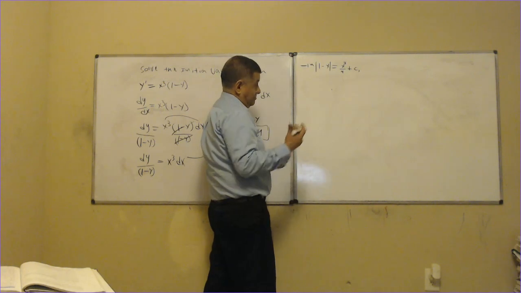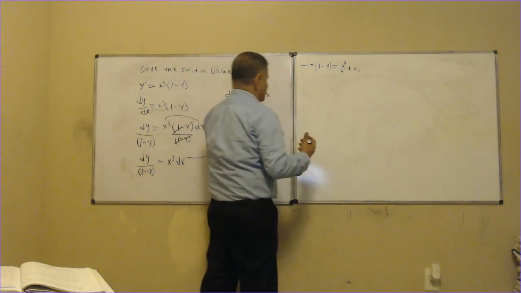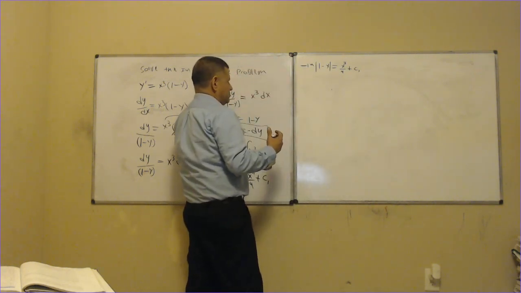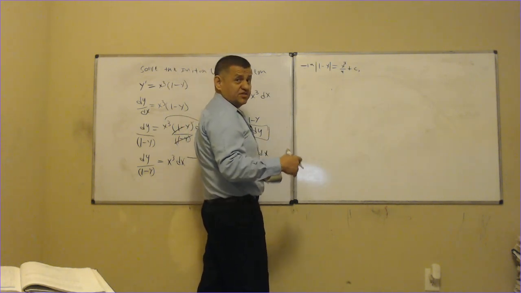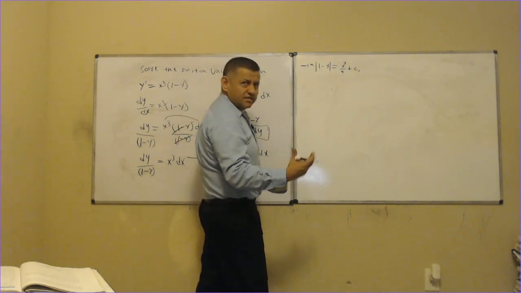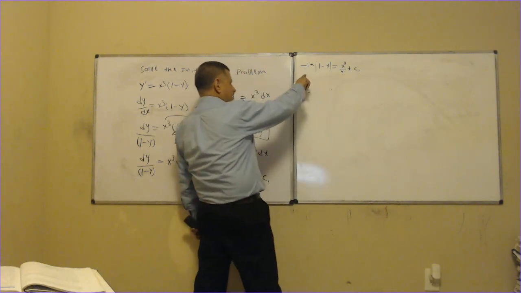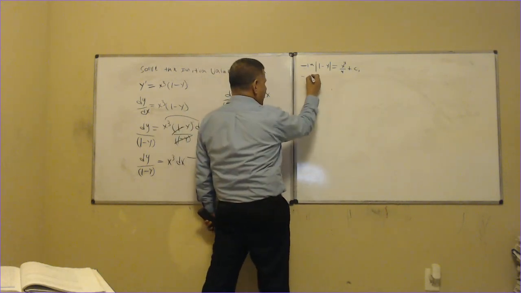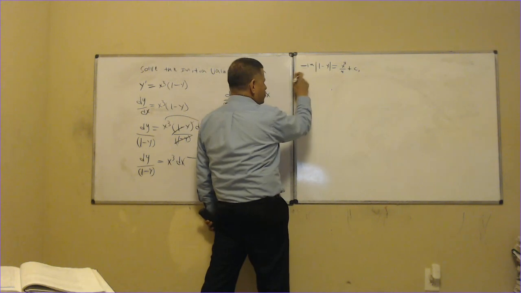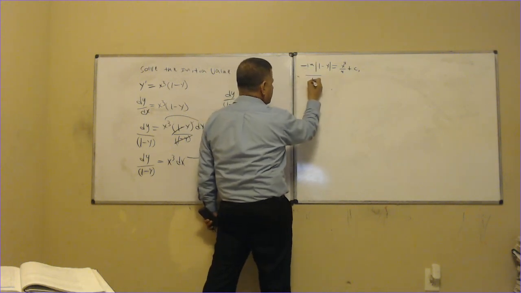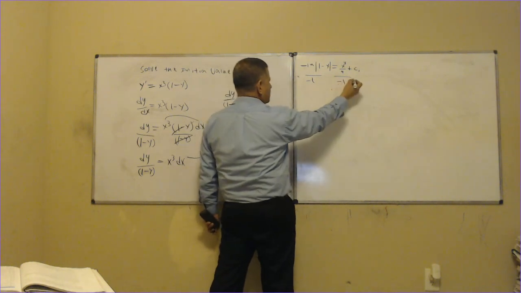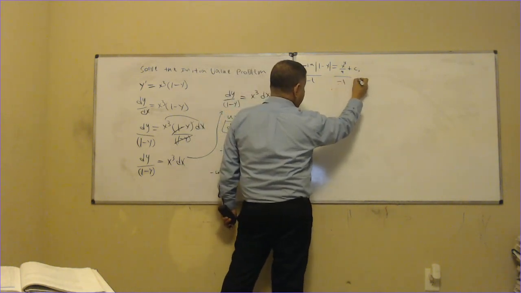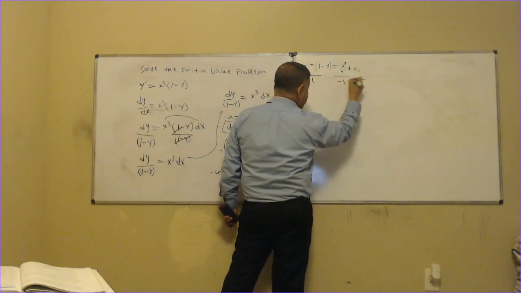So now we divide by negative 1, and of course, that guy right there gets negative 1 too.